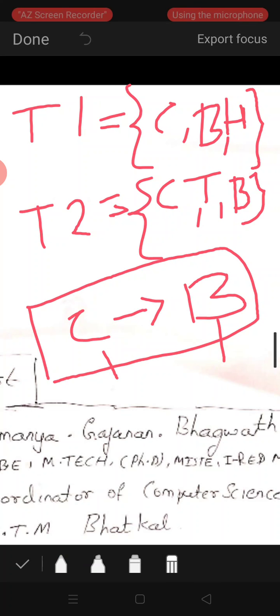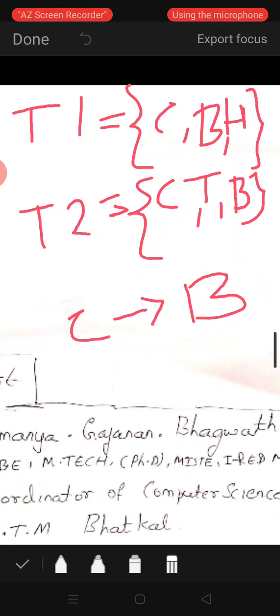Now please observe this. Now I am calculating support and confidence. What are support and confidence?